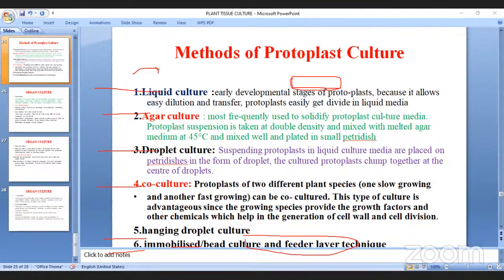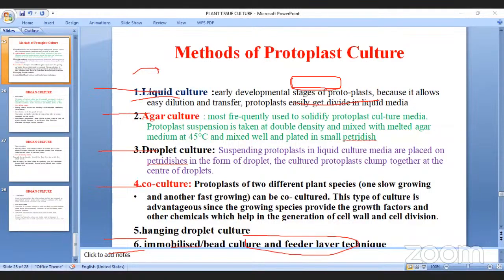Because it allows the dilution and transfer, the protoplast easily get divided in liquid media. So first of all, this growing colonies, or growing protoplast, required some nutrients. The nutrients easily diffuse in from liquid medium, and it should also exchange the gases.